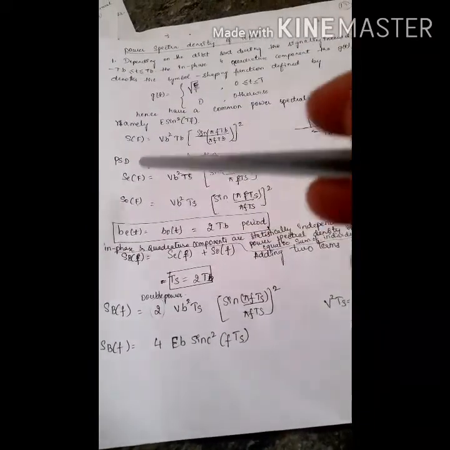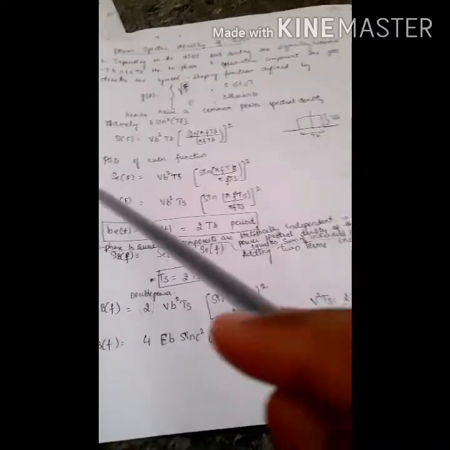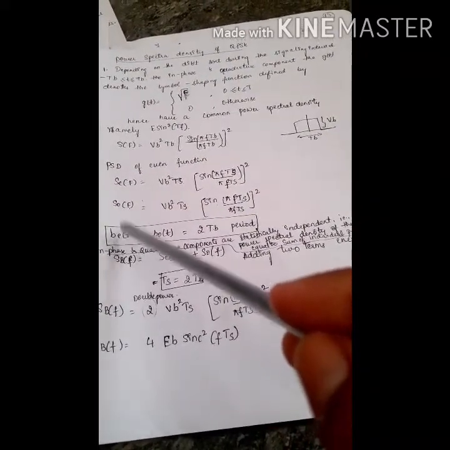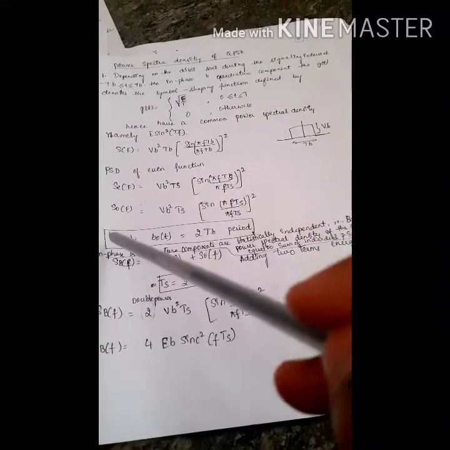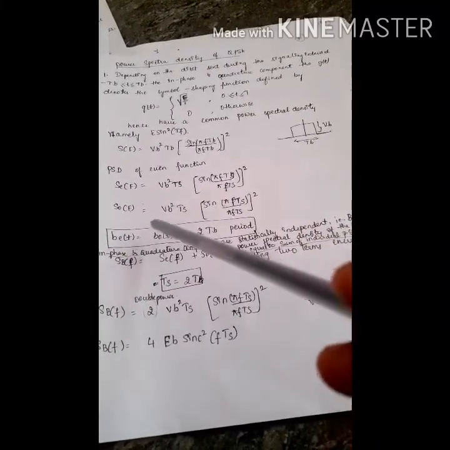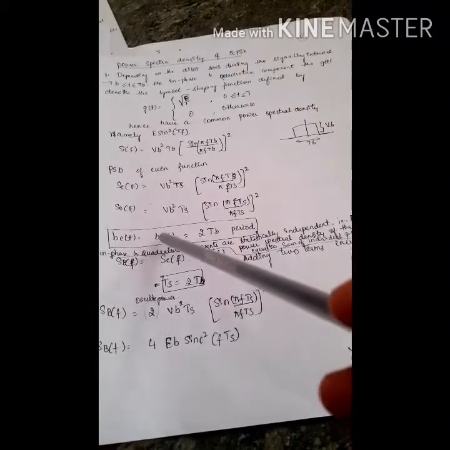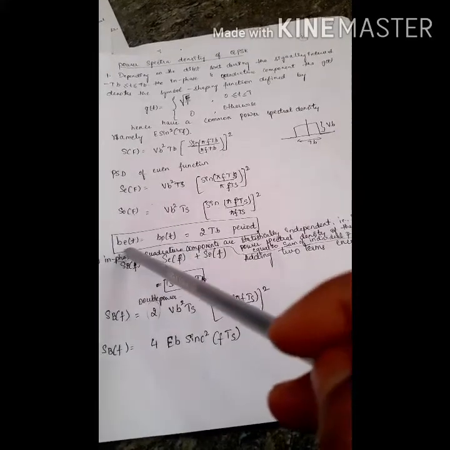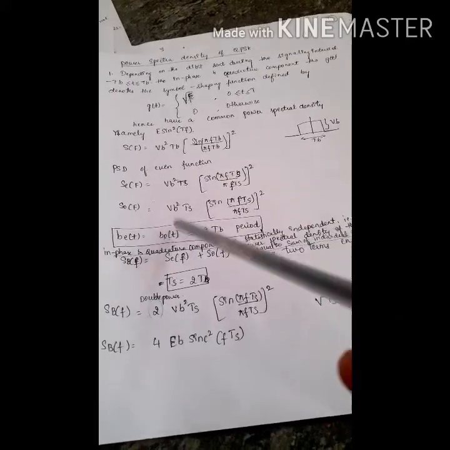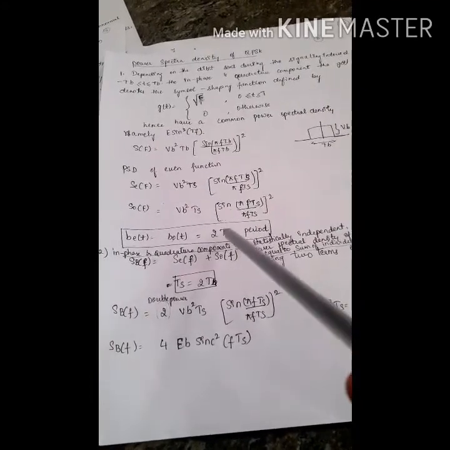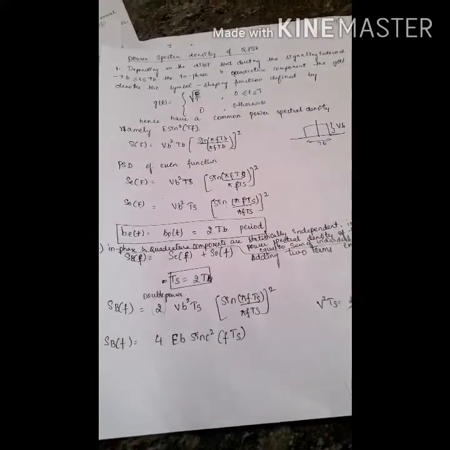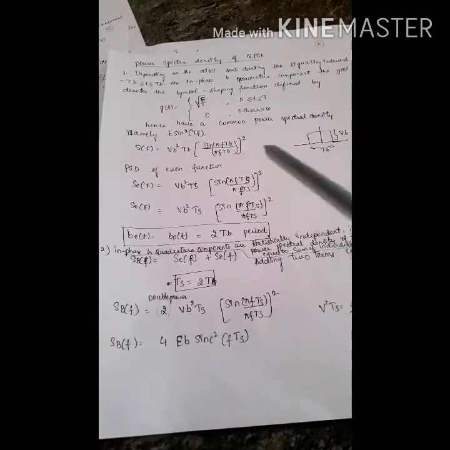One is for even and another one is for odd. So for the power spectrum of the even function, be(t) is equal to bo(t), that is odd and even both have the same bit duration, given as 2Tb here, as we are considering 2Tb seconds only.